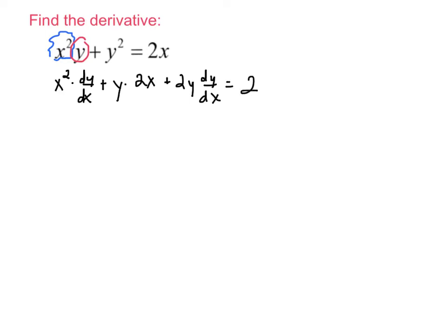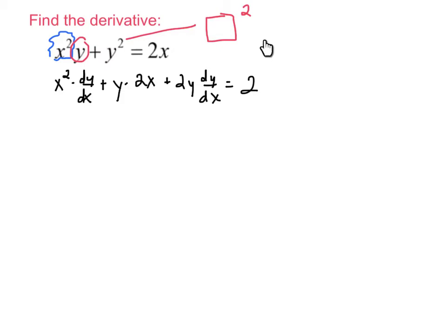Now, the reason we always put that dy dx there is really the chain rule. We've talked about that earlier, so I don't want to spend too much time on it, but essentially, think back to the chain rule. When we had some function squared, we found the derivative by bringing the 2 down front, leaving the inside alone, dropping the power, and then multiplying by the derivative of the inside.